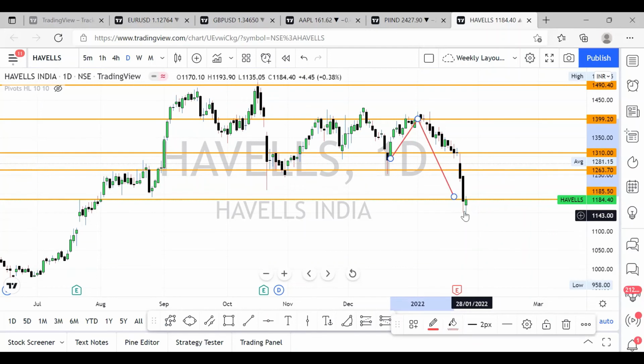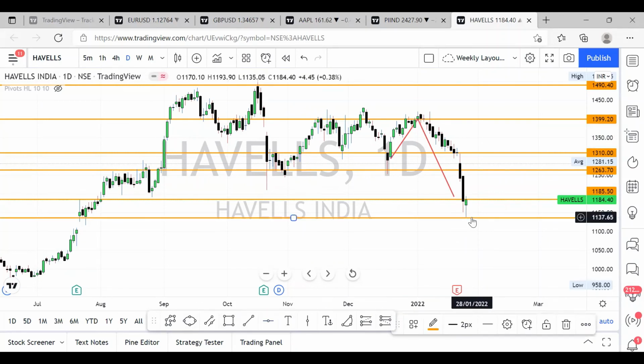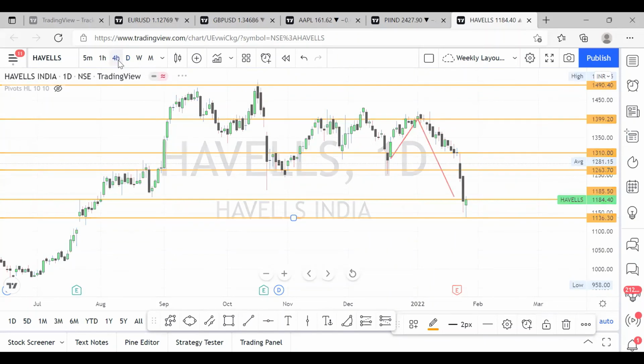We're also seeing the very first sign of a bullish move, okay? We've had price not going below here, but the overall strength is still with the downside. So let's now look at it from the 4 hourly.